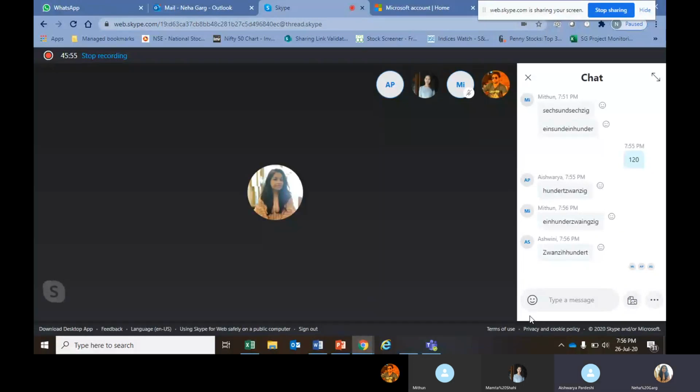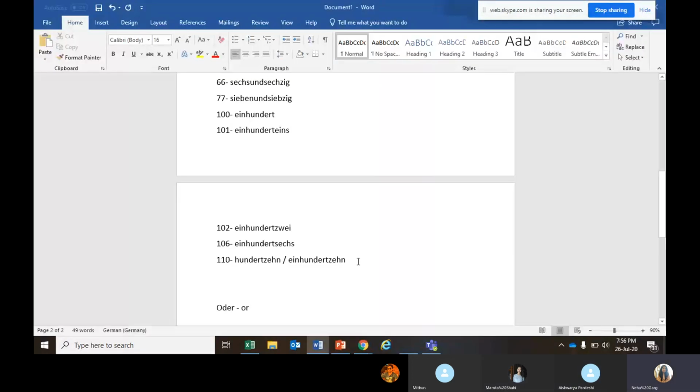Okay. So that right to left logic stays till 99 only. That is why we finish till 100, and then we are proceeding after 100, because there are different combinations and rules. So here 100 would be coming first, and then, let's say you have to write 126.